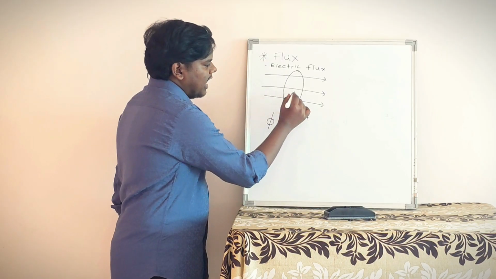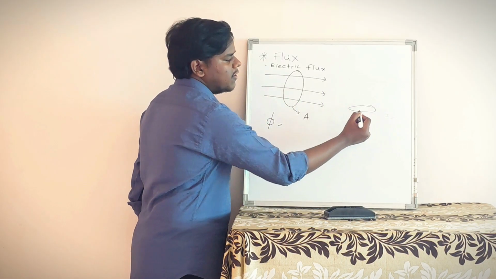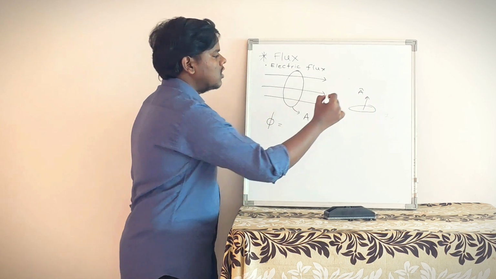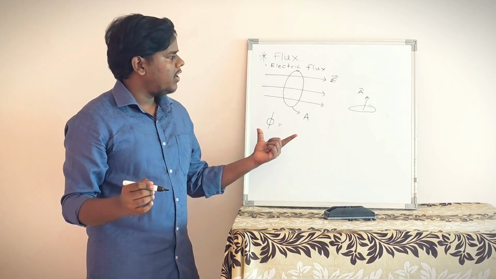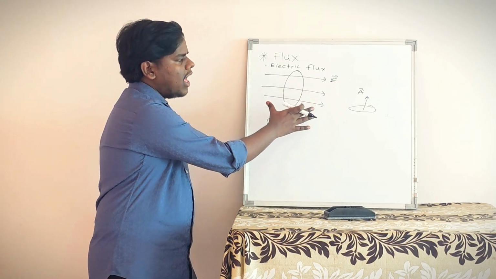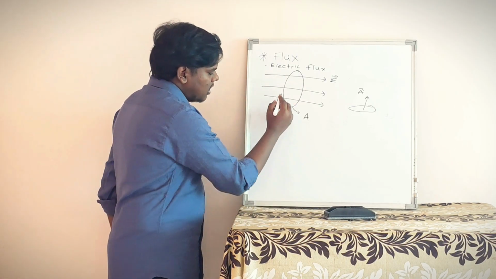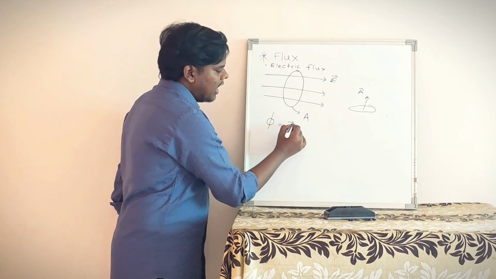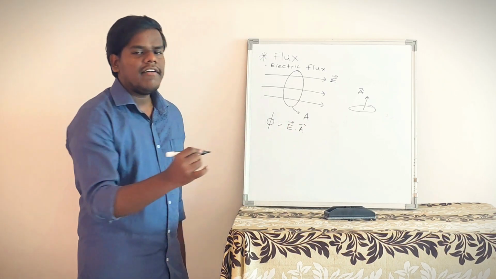So area vector is basically normal to the surface. If you have a surface like this, then the area vector will be in this direction. So here we have electric field. Flux we have defined as the number of electric field lines passing through an area. This is our electric flux. And this flux is given as the dot product of electric field and area vector.